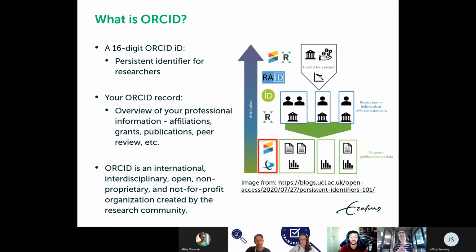And due to the data types or the output types in the Open Science Framework, OSF has to work with both Crossref and DataCite. And that makes it a bit complicated when you look at getting data into ORCID. So we need both systems to get information into your ORCID record.